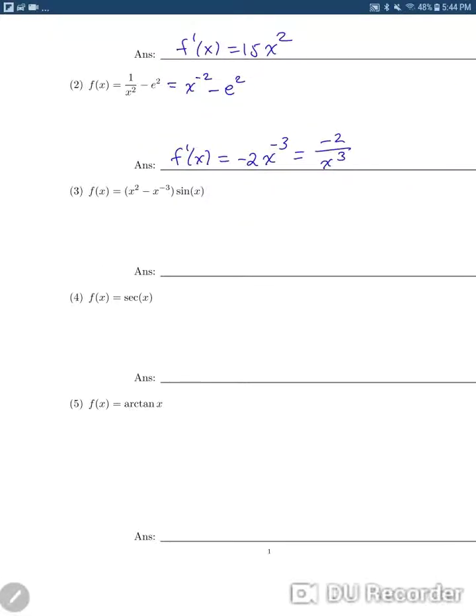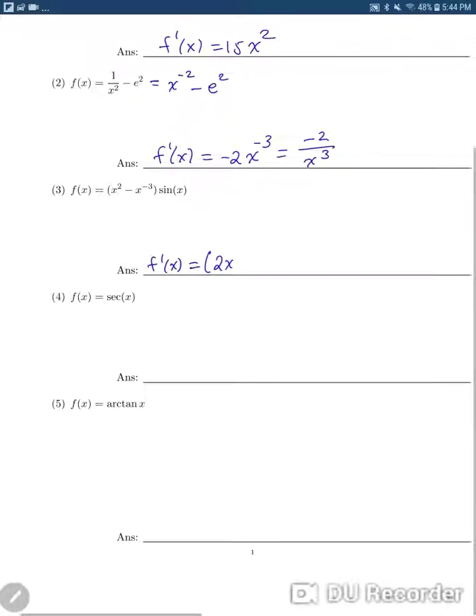For the third function, we see that it is a product of two functions, so we will apply the product rule. The derivative of the first times the second plus the first times the derivative of the second. In this case, I have 2x being the derivative of x squared minus the derivative of x to the minus 3, which is negative 3x to the negative 4.